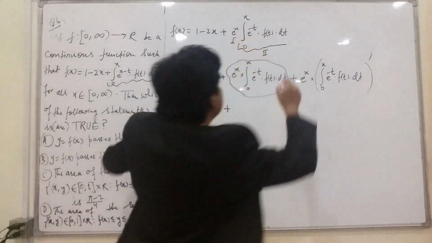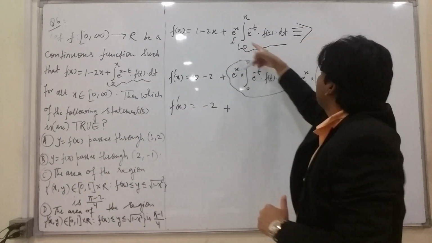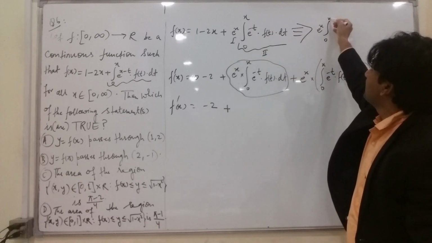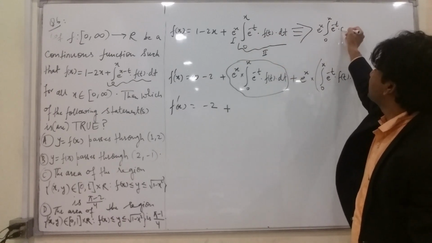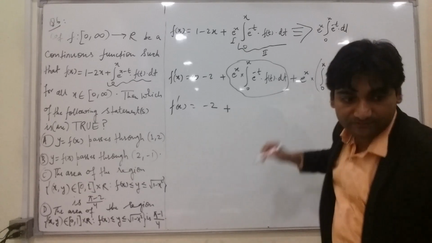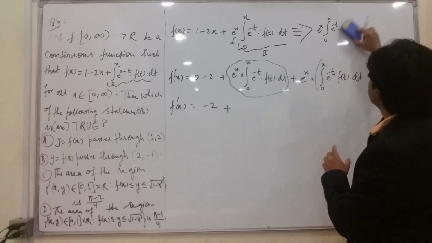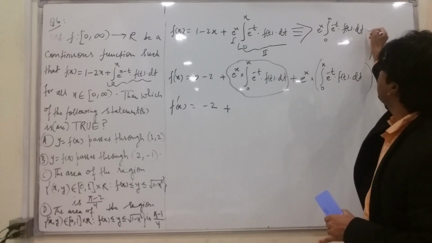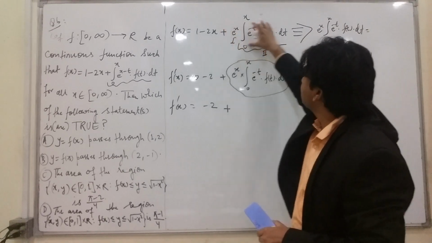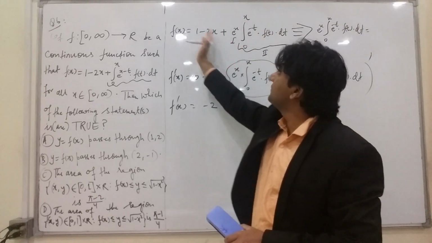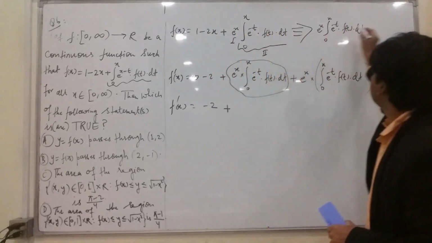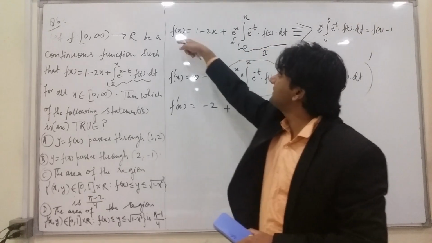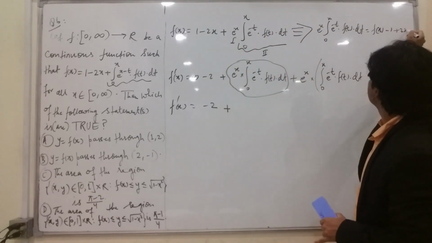If I want only this much, then I have to take these two to the left side: f(x) minus 1, and on this side it means plus 2x.